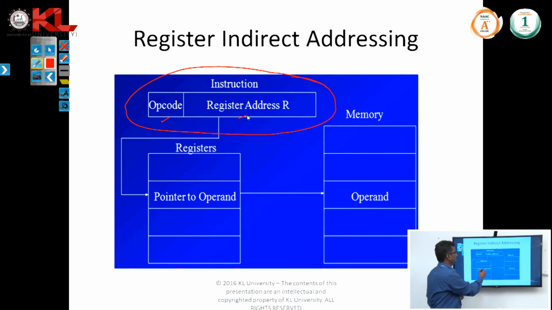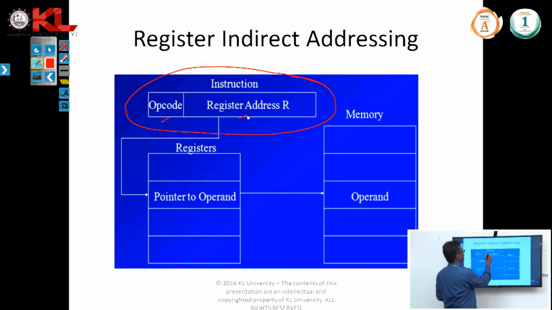The first reference will be towards the register, and from the register to the memory location. Here we have the address of this register, and if you come to this register's address, it points to another address of memory.